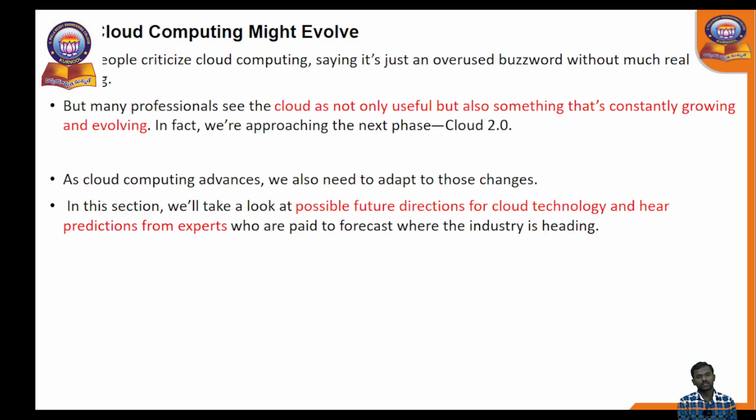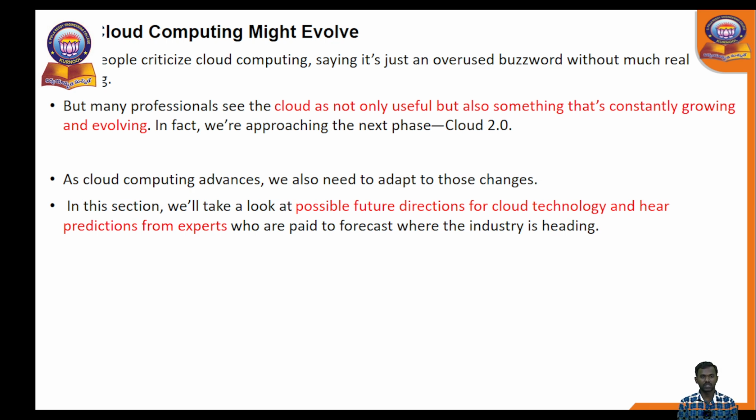The next topic is how cloud computing might evolve. Generally, people criticize cloud computing, saying it is an overused buzzword without knowing the actual meaning of cloud computing. Cloud computing is useful in many different areas, but who knows the actual meaning of cloud computing?